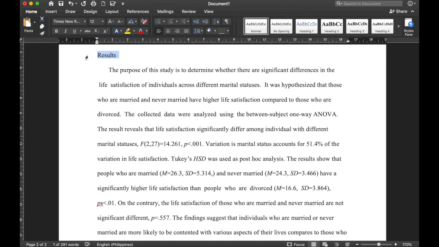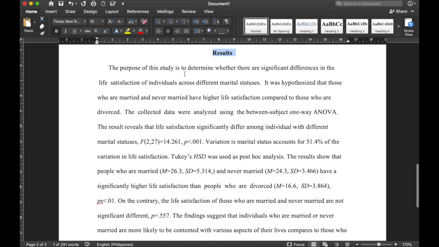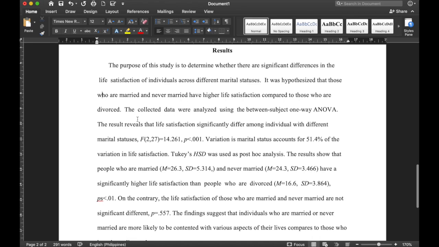Then, okay, so let's read. Results, APA. This should be bold and it should be centered. The purpose of the study is to determine whether there are significant differences in the life satisfaction of individuals across different marital statuses. It was hypothesized that those who are married and never married have higher life satisfaction compared to those who are divorced.